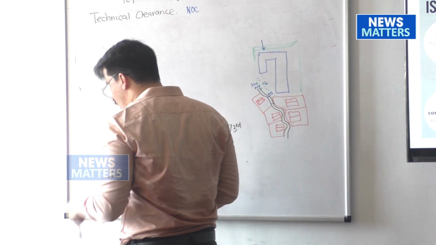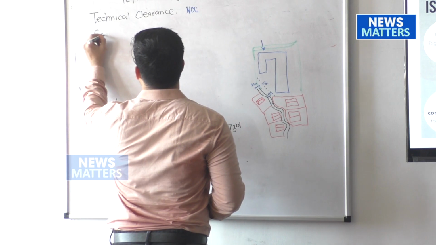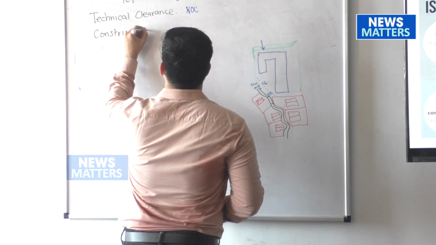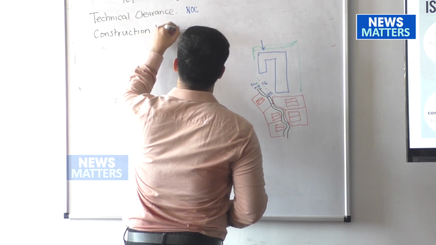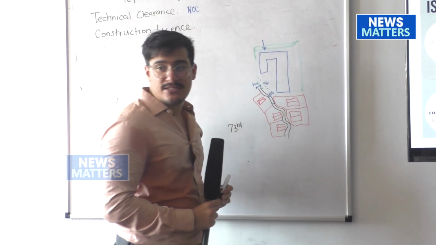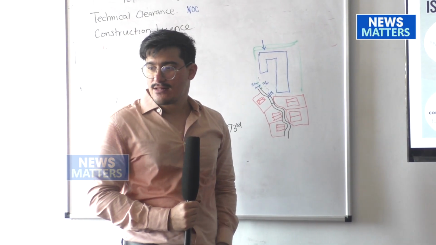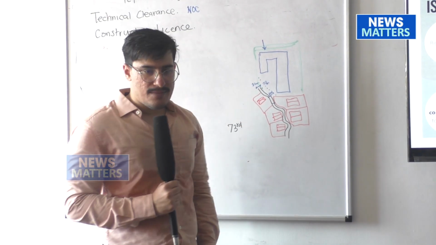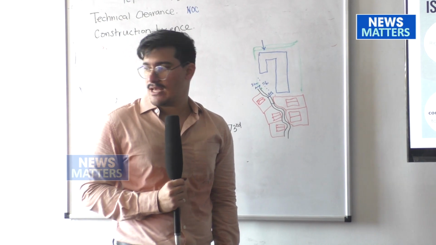Who gives what's called the construction license is the panchayat. The construction license is your permission to build, not your technical clearance. You can't build on the basis of a technical clearance. You can only build on the basis of a construction license.